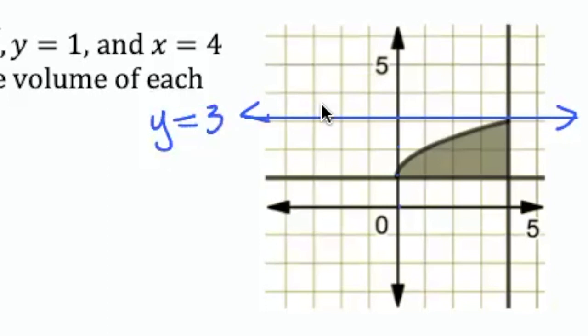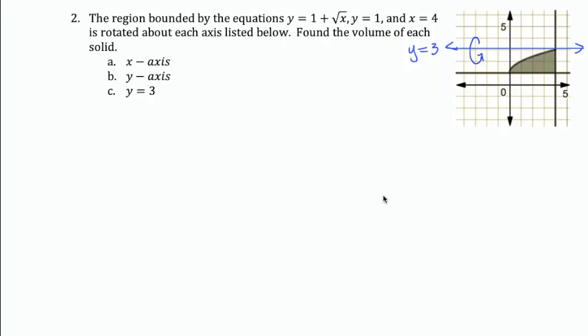That's the one that I want to be rotating around. So as I look at this, first of all, for part C, that's a horizontal axis, which means I'm going to need my dx integral. And then the next thing, is there a gap between the shaded area and that axis? And yes, you can see white space here.